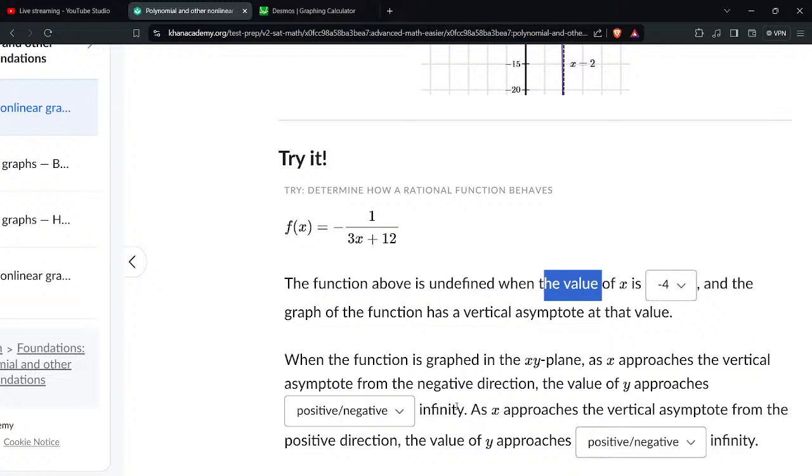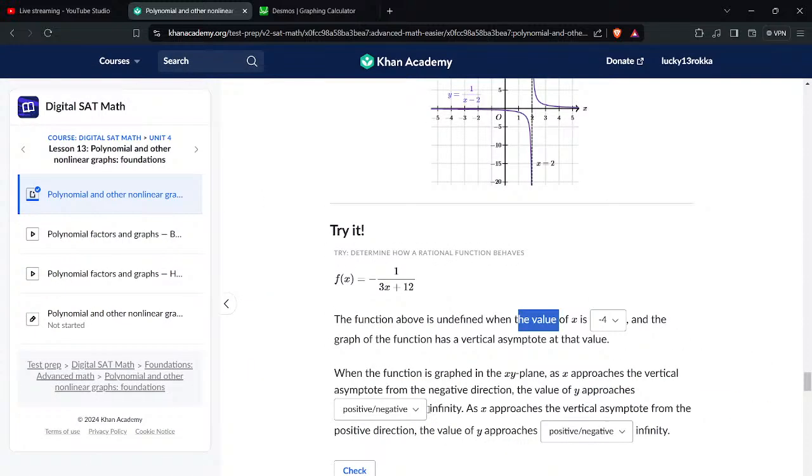And this is approached from the negative direction. So from the negative direction, we got minus 4.9, minus 5, minus 4.01. So as we increase this, y approaches positive infinity.